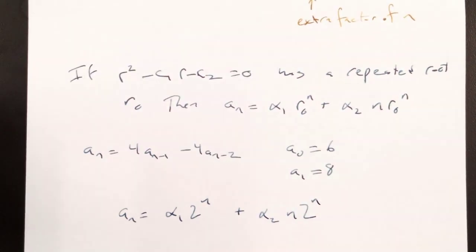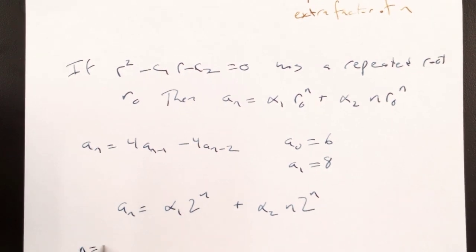How do I find alpha 1 and alpha 2? I'm going to use the terms we were given right here. So when n is 0, a_0 is 6, but that's also alpha 1 times 2 to the 0 plus alpha 2 times 0 times 2 to the 0. What's that whole term?